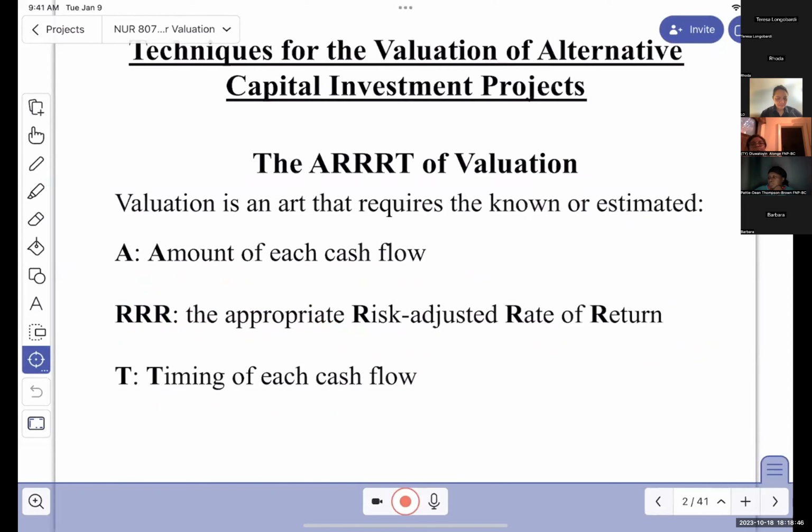So I call this the art of valuation. This RRR represents the required rate of return, or the risk adjusted rate of return. That's what I call it. So this is just your I in the formulas, your interest rate. The opportunity cost.